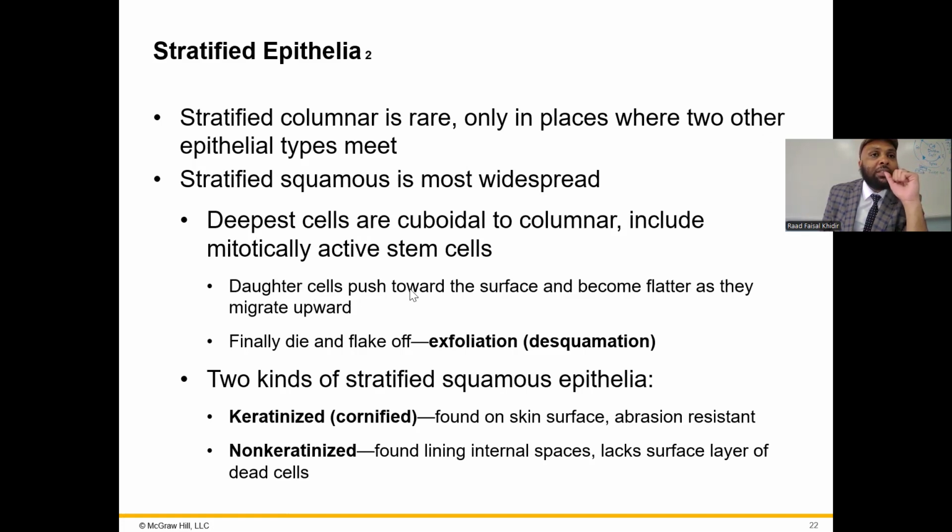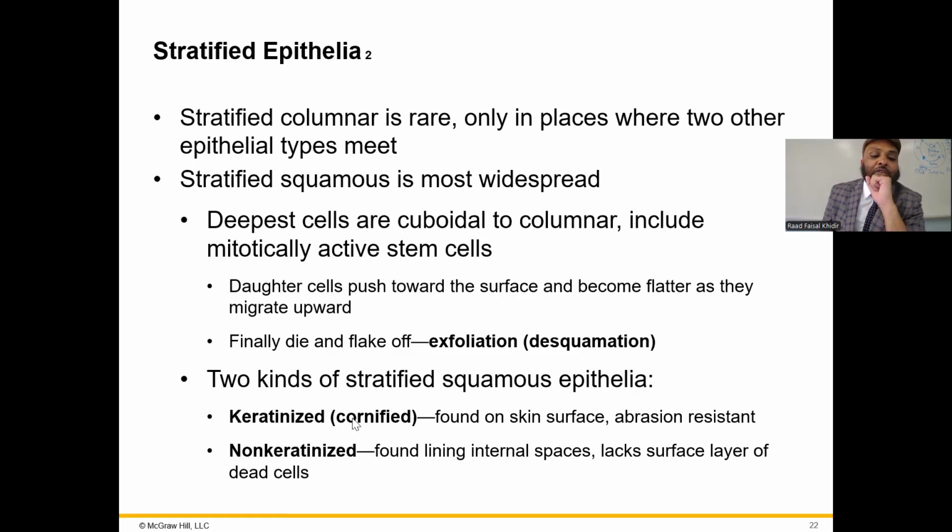The daughter cells push toward the surface and become flatter as they migrate upward. And finally, they die and flake off. This is known as exfoliation, or desquamation.